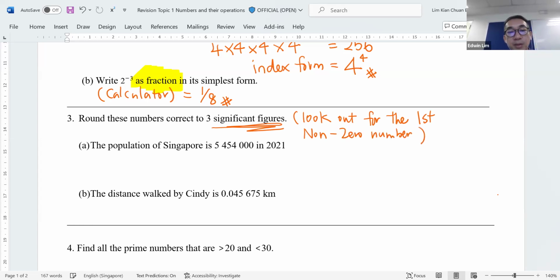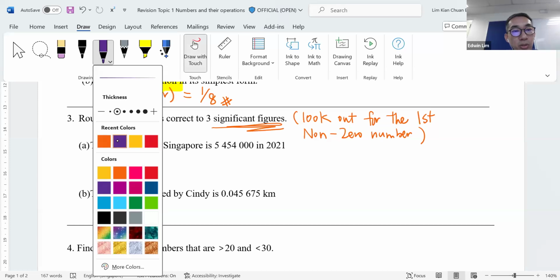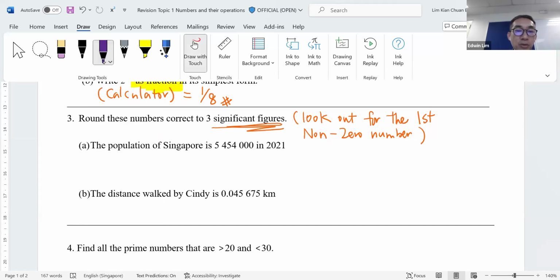Okay, so I'm going to use a different color to show you where I do this question. All right, the population of Singapore is 5,454,000 in 2021. So each number is significant, right?